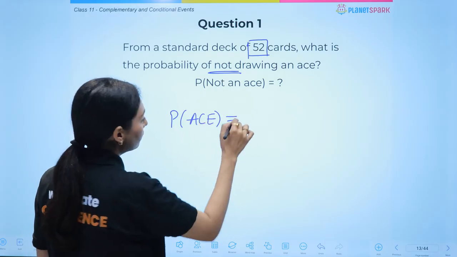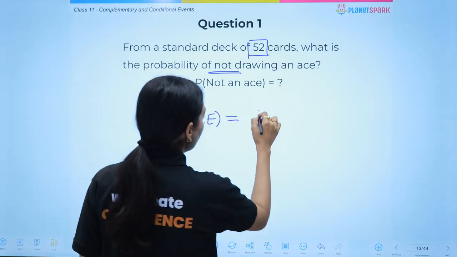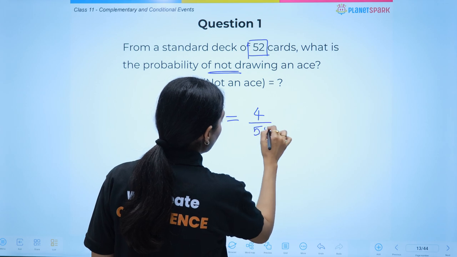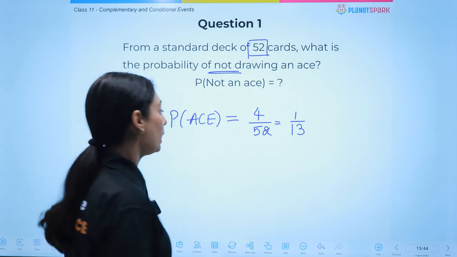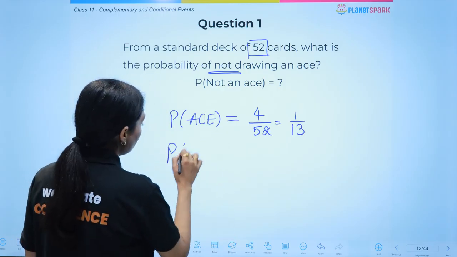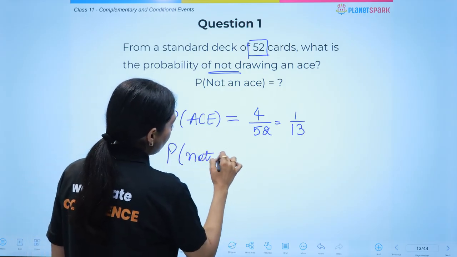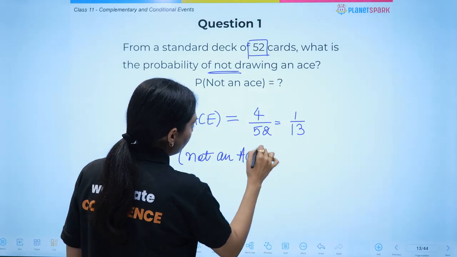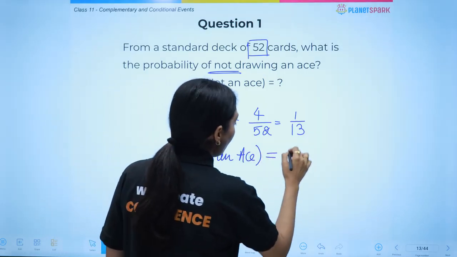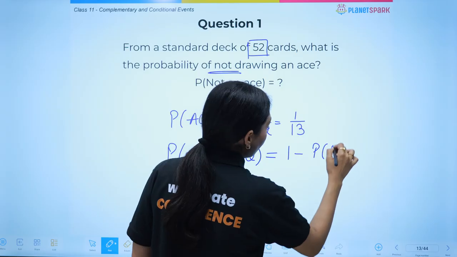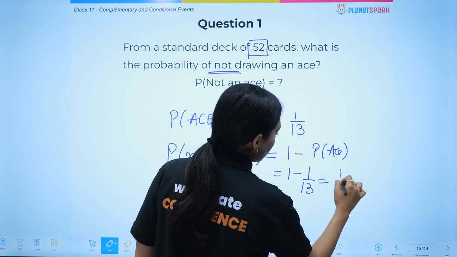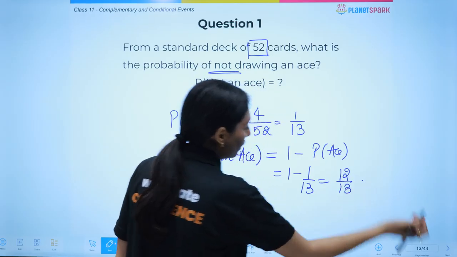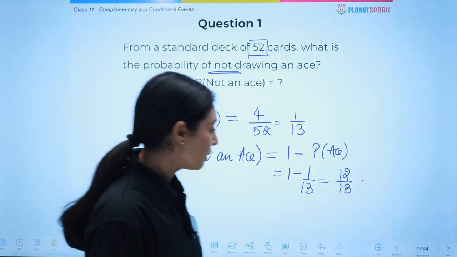In a deck of cards, we have 4 aces, so probability is 4 over 52, that is 1 over 13. Now, probability of not an ace. Complement of this event will be 1 minus probability of getting an ace, that is 1 minus 1 over 13, so 12 over 13. Easy peasy, right?